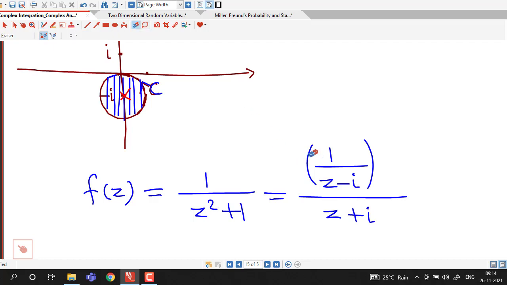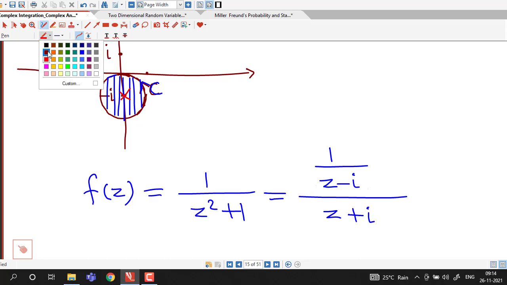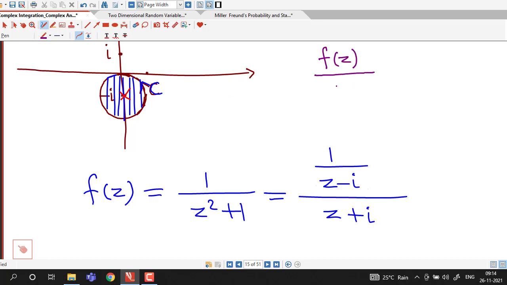So from this we get the idea that we can apply Cauchy integral formula. If we recall, Cauchy integral formula says that if our function f of z is analytic everywhere inside and on a simple closed contour C, and if z0 is a point interior to C, then this complex integral will be equal to 2 pi i times the value of this function at point z0.